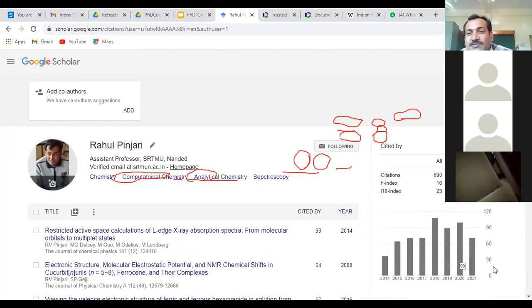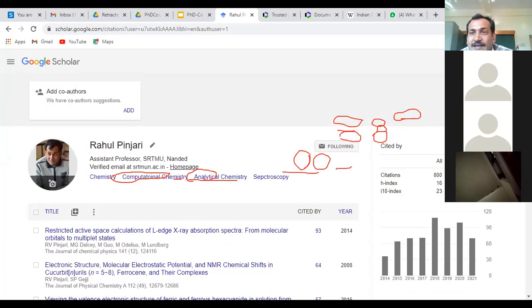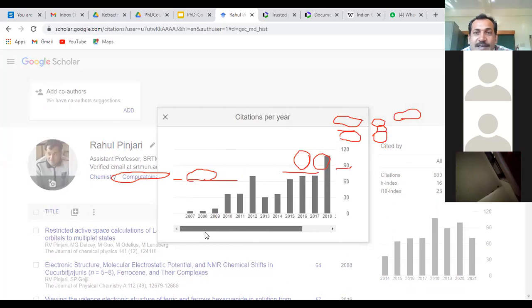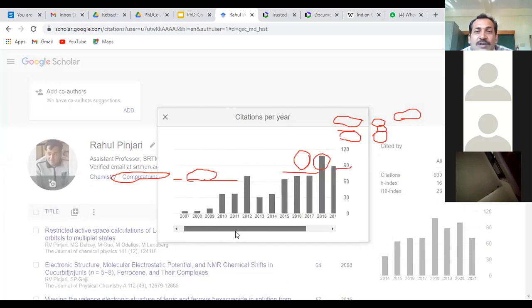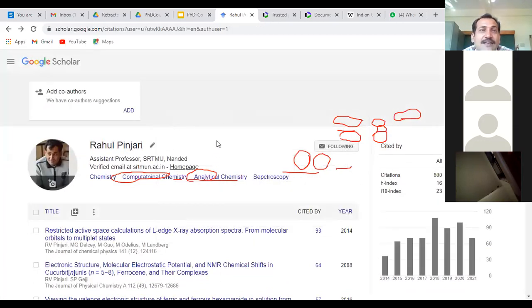If I click view all, it will give all the details since the beginning, how many citations we received since 2007 and what the trend of citation is. So we can see that using Google Scholar.